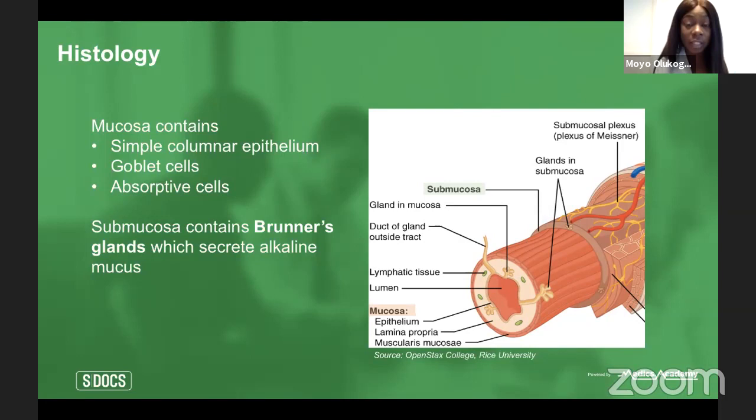These secrete enzymes as well as have microvilli helping with absorption. Next, we'll take a look at the submucosa. The submucosa contains glands, and the glands which are specific to the duodenum are called Brunner's glands. These secrete alkaline mucus, which is important for neutralizing the acidic chyme coming from the stomach.